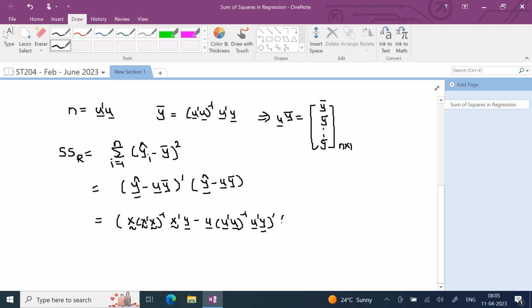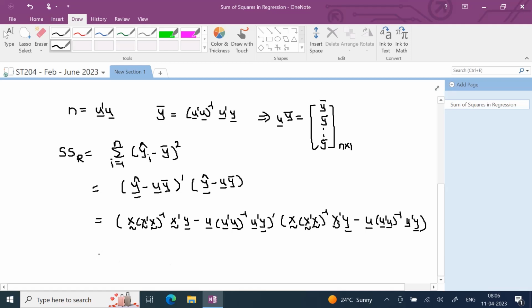Okay, whole thing transpose, and I'll have the same thing. So I again have X (X prime X) inverse X prime y minus u (u prime u) inverse u prime y. Correct?